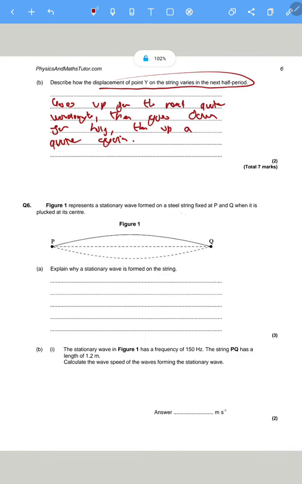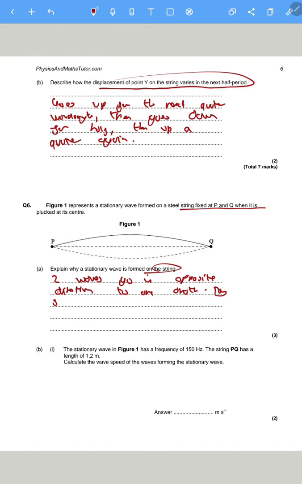Figure 1 represents a stationary wave on a steel string. Explain why stationary waves form. So two waves go in opposite directions to one another.